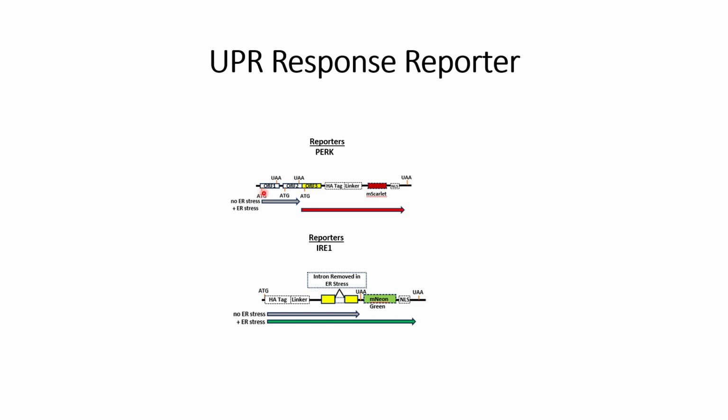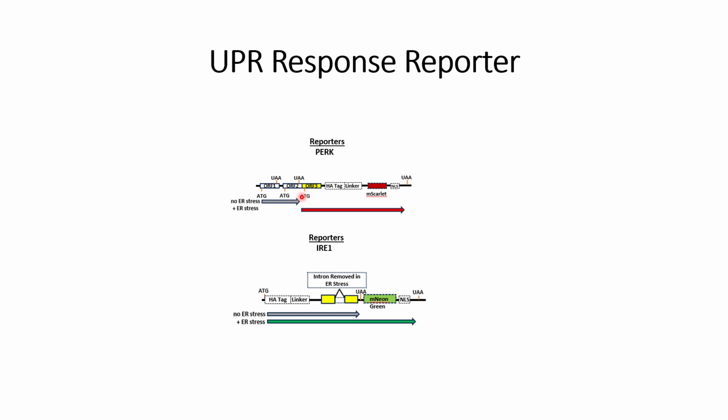This is the sequence, or we can say the framework of the reporter. In the normal case, translation usually occurs in ORF1 or ORF2. We can see the start codon and the stop codon in ORF1 and ORF2. However, whenever there is ER stress, the translation shifts from ORF1 to ORF3 because of the epigenetic changes.